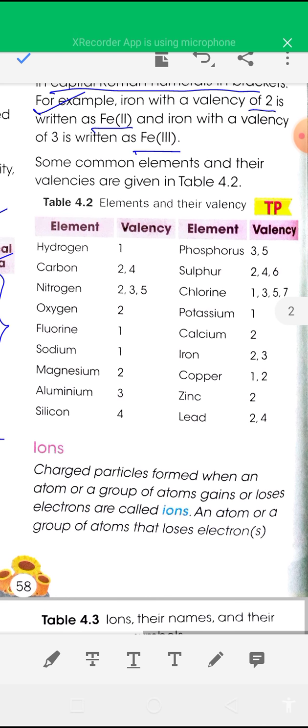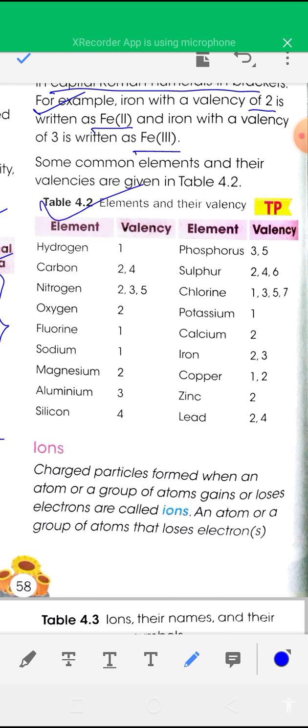Now see here, the valencies of some elements are given. The valency of hydrogen is always 1, the valency of carbon is 2 and 4, the valency of nitrogen is 2, 3, 5, the valency of oxygen is 2, the valency of fluorine and sodium is 1, the valency of magnesium is 2, the valency of aluminium is 3, silicon 4, phosphorus has 2 valencies 3 and 5, sulfur has 3 valencies 2, 4, 6, chlorine has 4 valencies 1, 3, 5, 7.